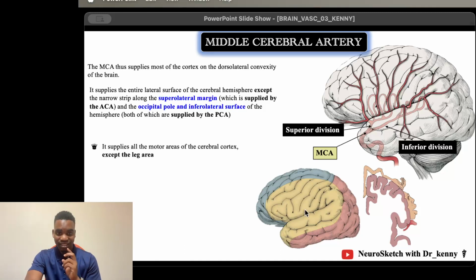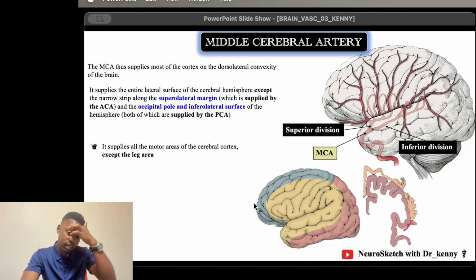And this is what we were talking about. The middle cerebral artery will supply this yellowish surface here, all the way from the frontal lobe, parietal lobe, and the temporal lobe. So the frontal, parietal, and temporal lobe on this side will be supplied by the middle cerebral artery.